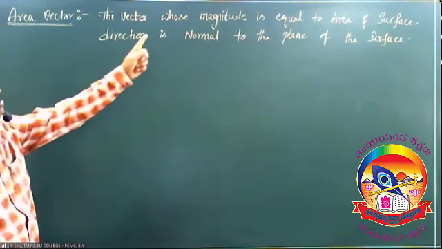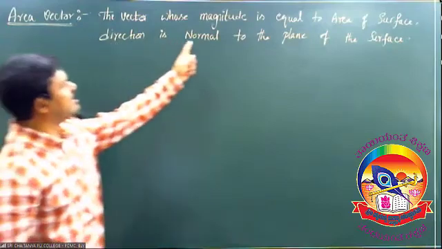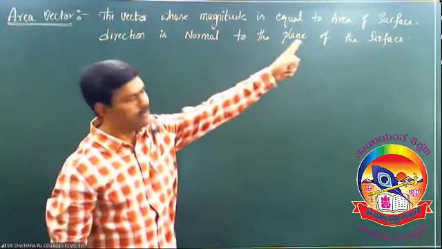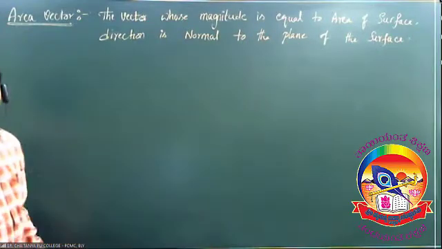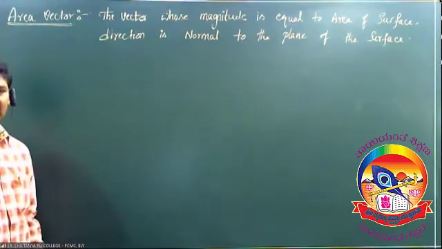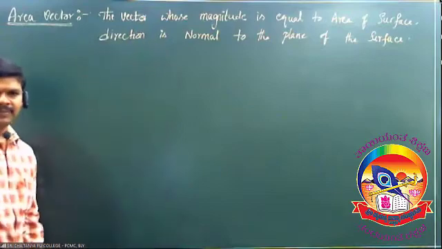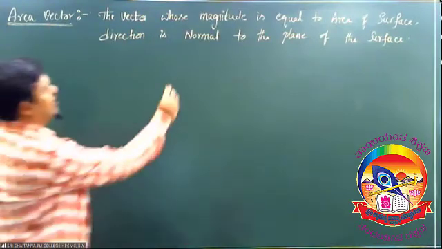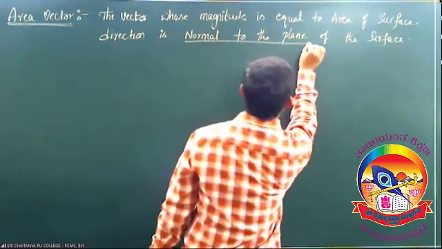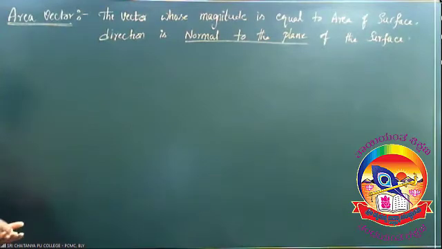Normal in the sense perpendicular to the plane of the surface is known as that plane's or that surface's area vector. Right? As we said, it is a vector, it should have direction. So this is the note point to remember. Normal to the plane of the surface. Right? We'll see the example.